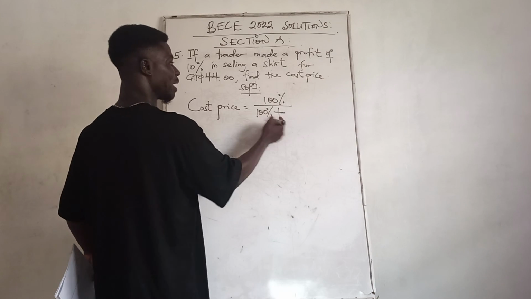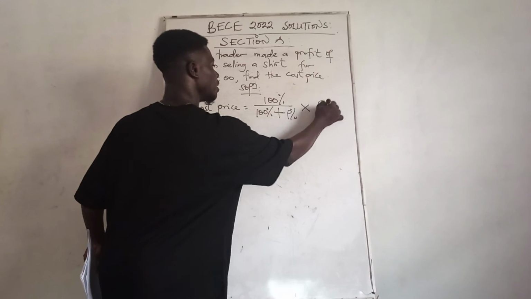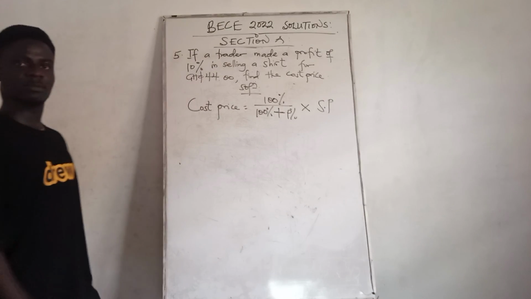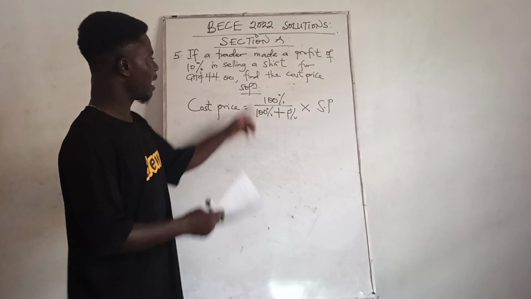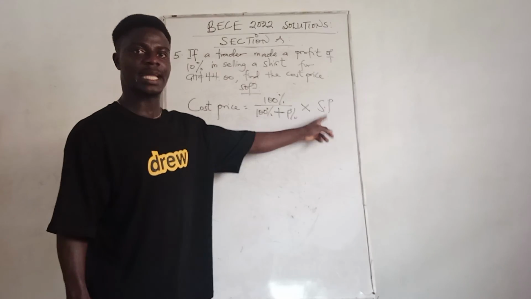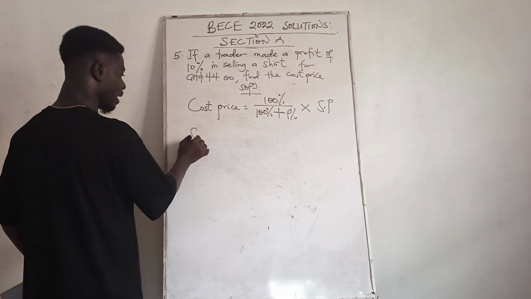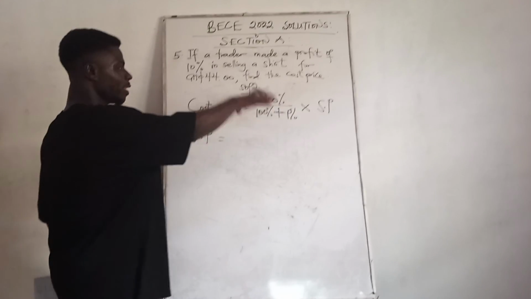So 100% plus my profit percent, then we multiply that by my selling price. Cost price is equal to 100% over 100% plus my profit percent, times my selling price.